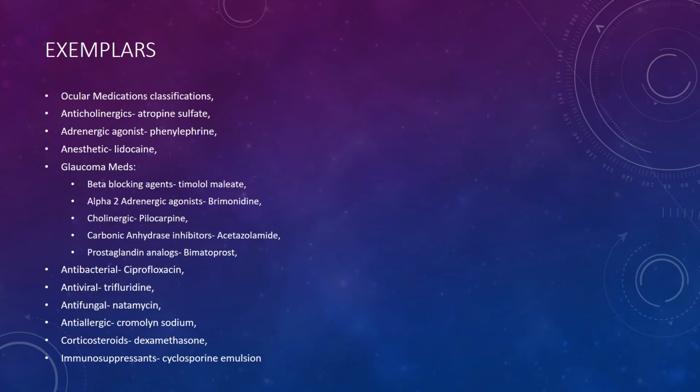And then we have antibacterial meds, which is ciprofloxacin, antiviral medication, which is your trifluridine, and then you have your antifungal, which is natamycin, and then anti-allergic medications is cromolyn, and of course our corticosteroids are our dexamethasone, and then we have our immunosuppressants, which is cyclosporin emulsion.